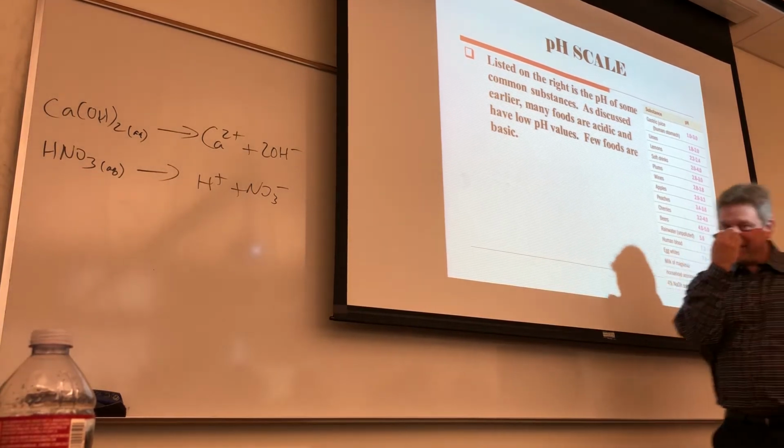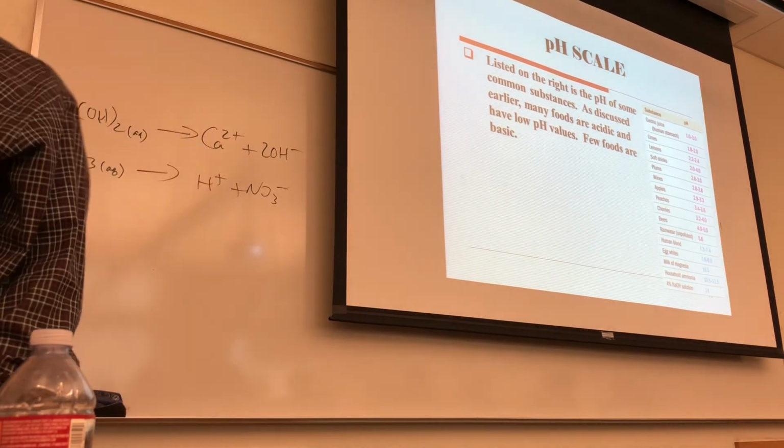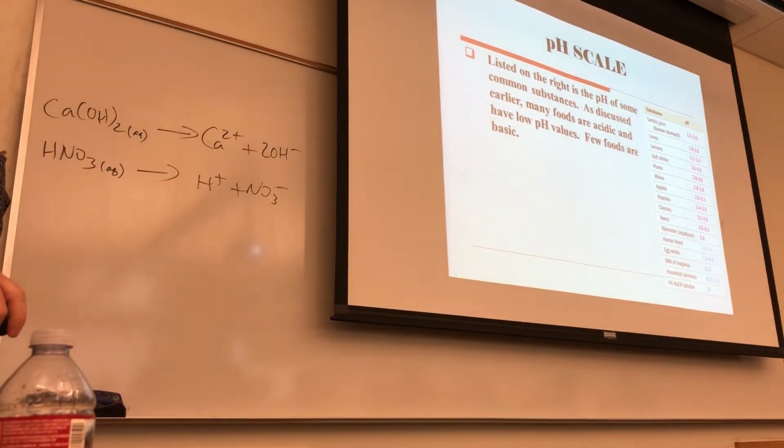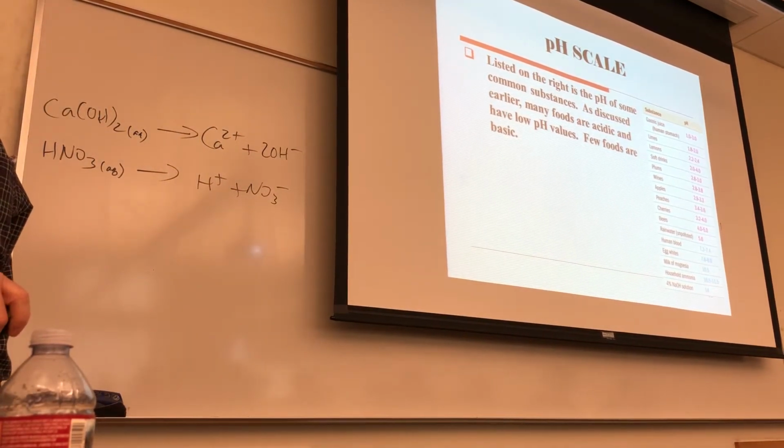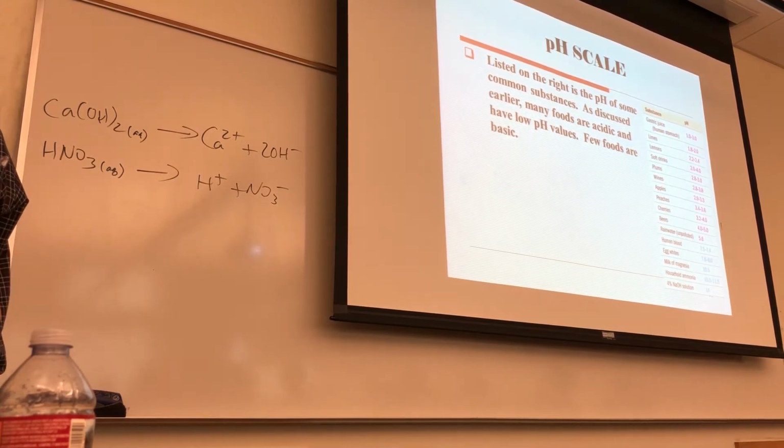So you can take a quick look at these things, and you can gauge some basic stuff that you eat or drink every day, or throughout the year. The sweeter or the more bitter it is, that's different than that, right? Because that is sugar, but sugar can contribute to that. We're going to see all kinds of ways to contribute to basicity or acidity of solutions as we go through.